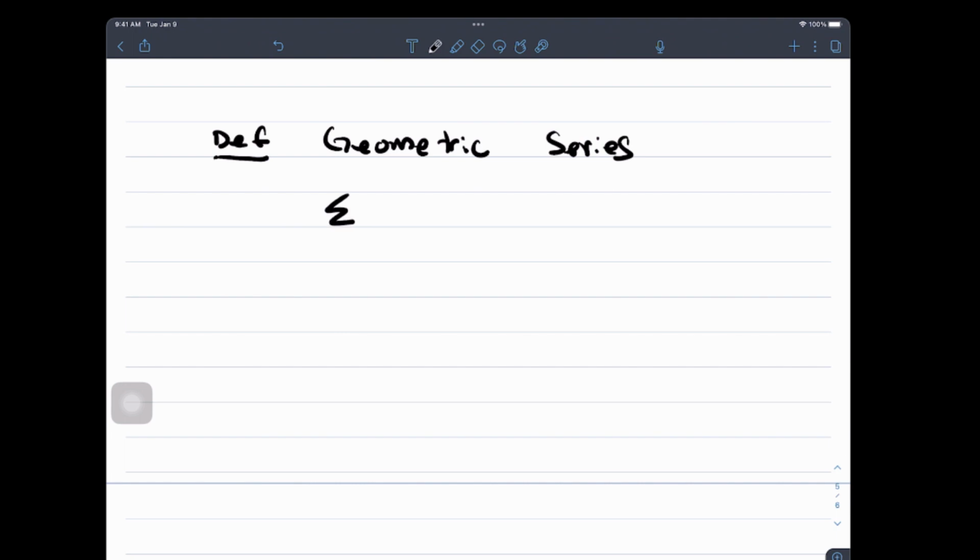A geometric series is any series that looks like this: the sum of a r to the n minus 1, where n goes from 1 to infinity. Now, what this looks like is the following here.